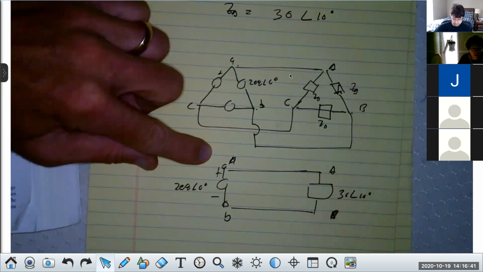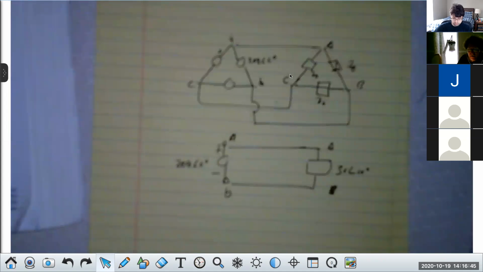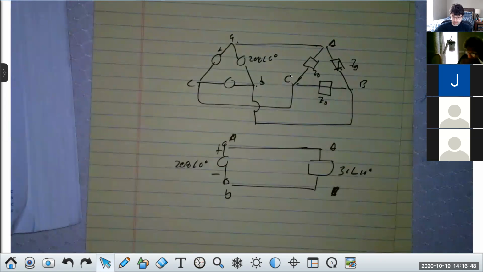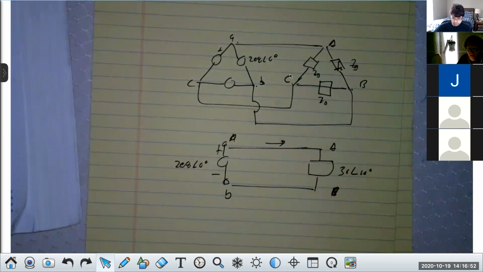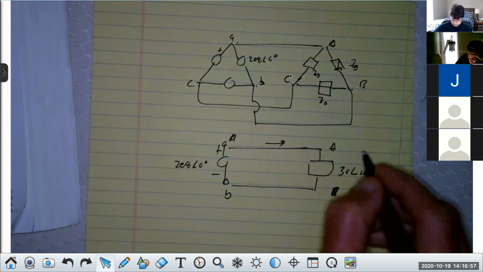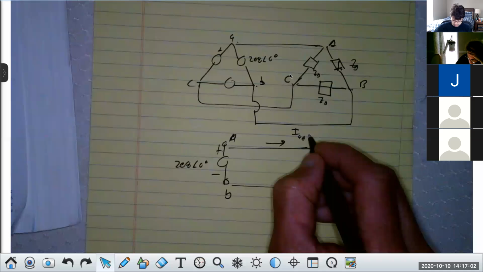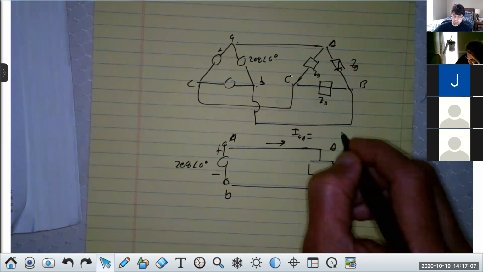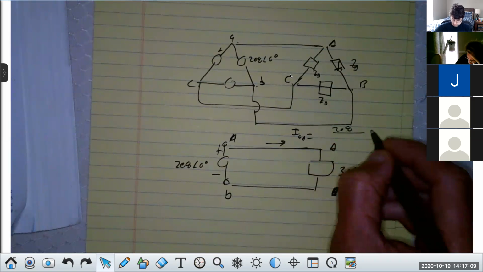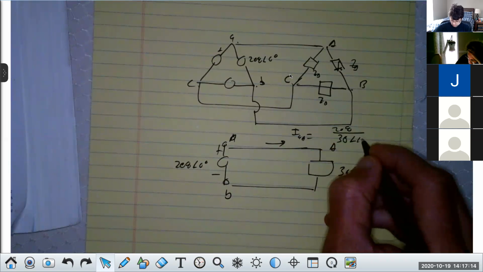I'm just showing you the AB delta phase of this in the load and at the sending end. Now this current here is the current that we've been calculating all the time. This current right here would be I small a capital A, but we're going to use just the delta load, and the delta voltage would be equal to 208 at 0 degrees divided by 30 at 10 degrees.